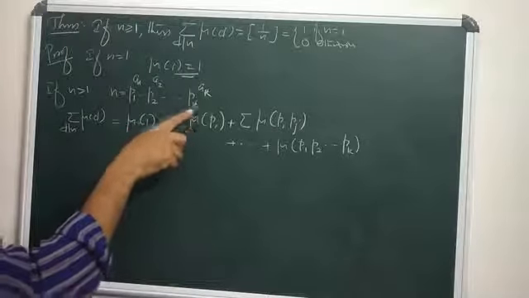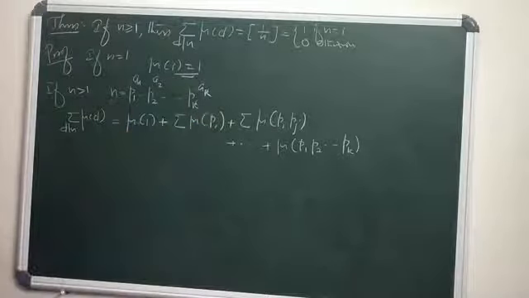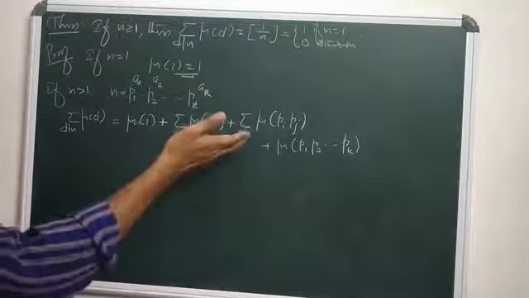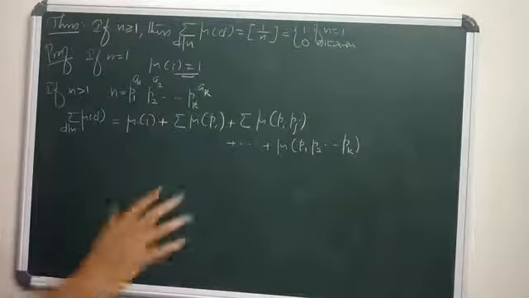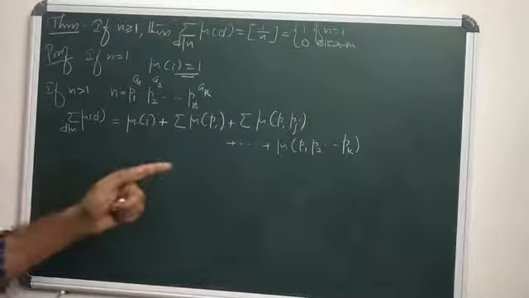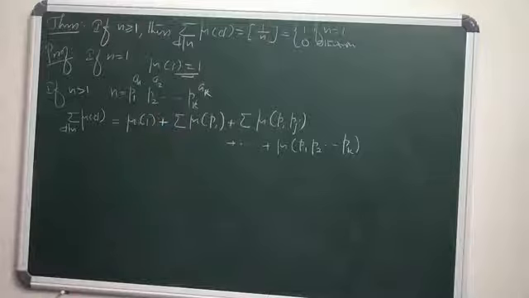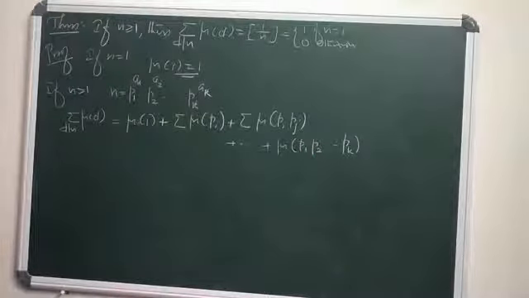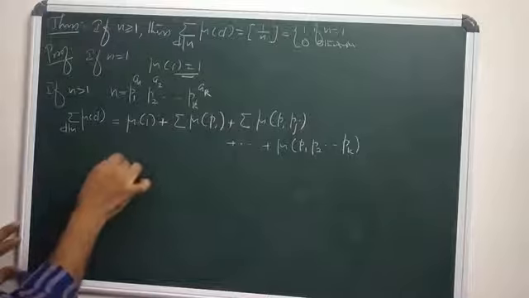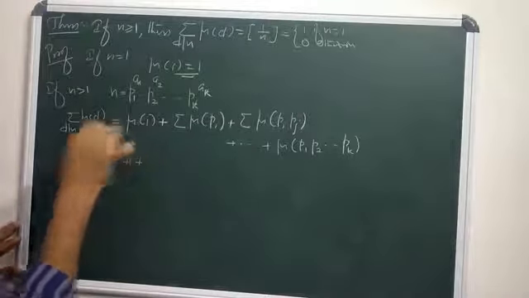So it is mu of p1 plus mu of p2 plus etc. plus mu of pk. Then taken two at a time, mu of p1 p2 plus mu of p1 p3 and so on. Taken k at a time, it is mu of p1 p2 etc. pk.